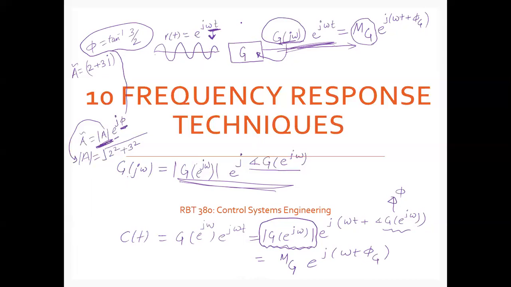M_G. The amplitude is changed by M_G, 1 times M_G. Then what is the phase here? Phase here is omega t. What is the phase here? Omega t plus phi G. What is the change in phase? The amplitude change is M_G and the phase change is phi G.